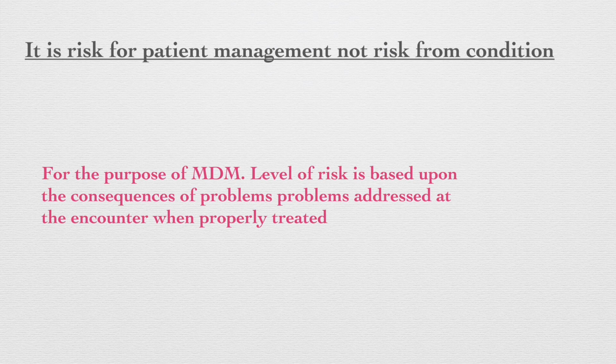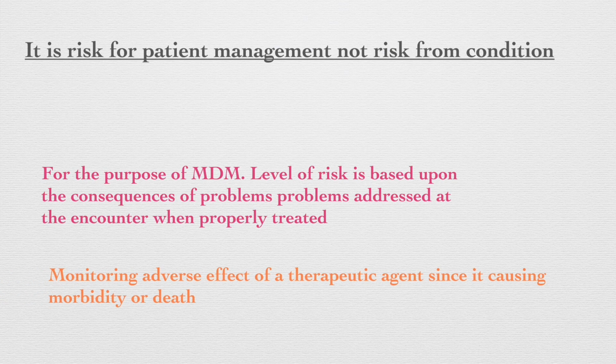That is this element. For example, a certain therapeutic agent requires intensive monitoring to monitor adverse effects. A certain therapeutic drug may cause morbidity or death, so it requires intensive monitoring. At that time, we are assessing for the adverse effect, not for the therapeutic efficacy.